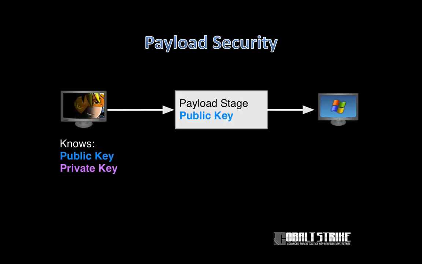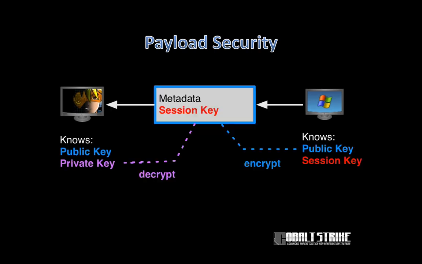Let's walk through how these payload security features work at a very high level. When the team server is first run and creates a first listener, it generates a public and private key pair. Whenever the team server generates a Beacon payload stage, that stage has the team server's public key embedded inside of it.